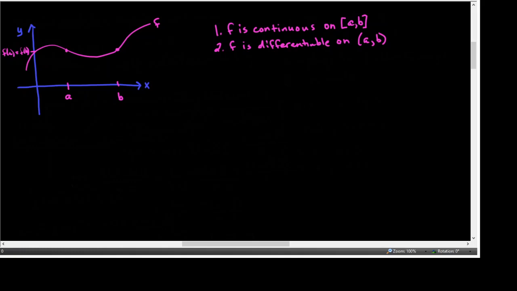Okay, and the third condition is that f of a equals f of b. If all of those things are met, those are the conditions for Rolle's theorem.